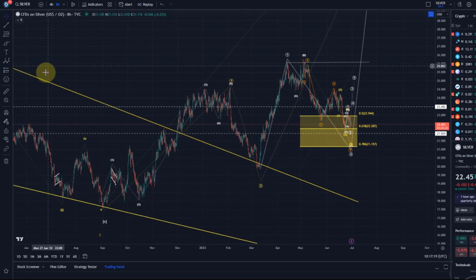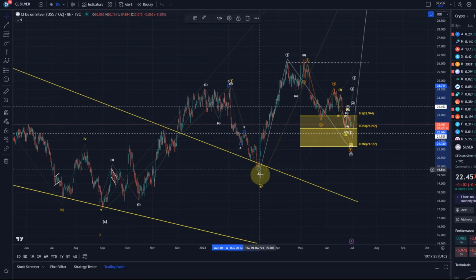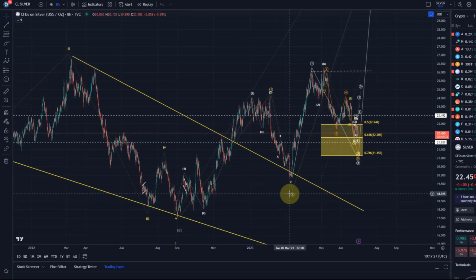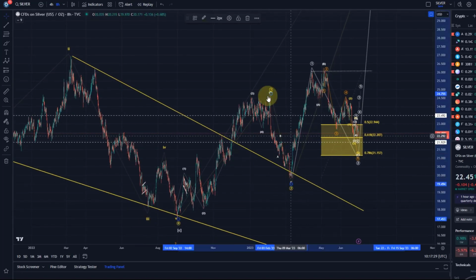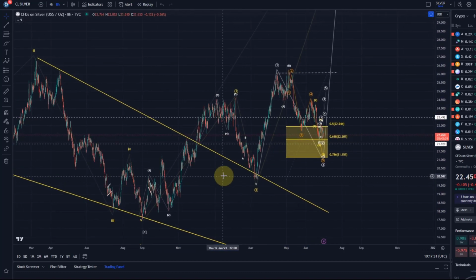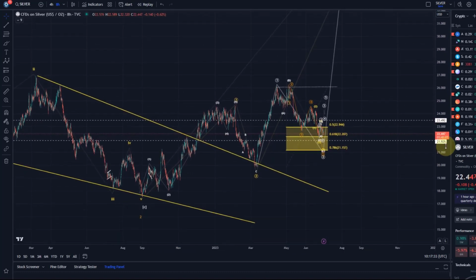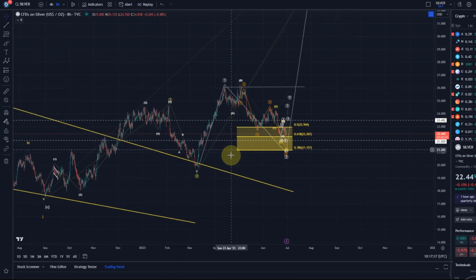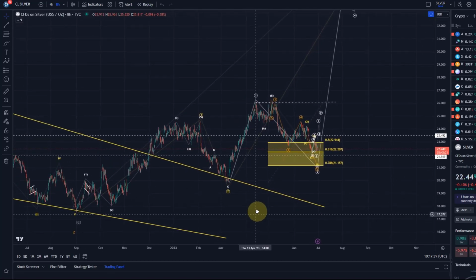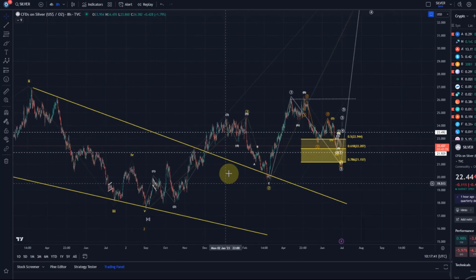Yes, it looks quite impulsive, but actually can be counted as an ABC. A, B, C wave in 5 waves into this wave 2 swing low. Again, that's just the academic side of things. It doesn't make any difference to the current wave count, and also wouldn't really have made any difference to the count back then. It's just tidying things up, which we always have to do, right? I like to keep charts tidy.